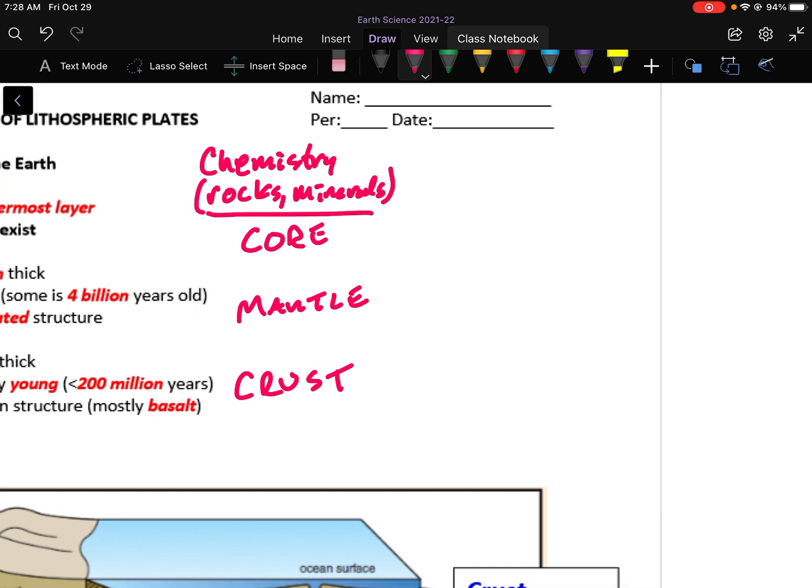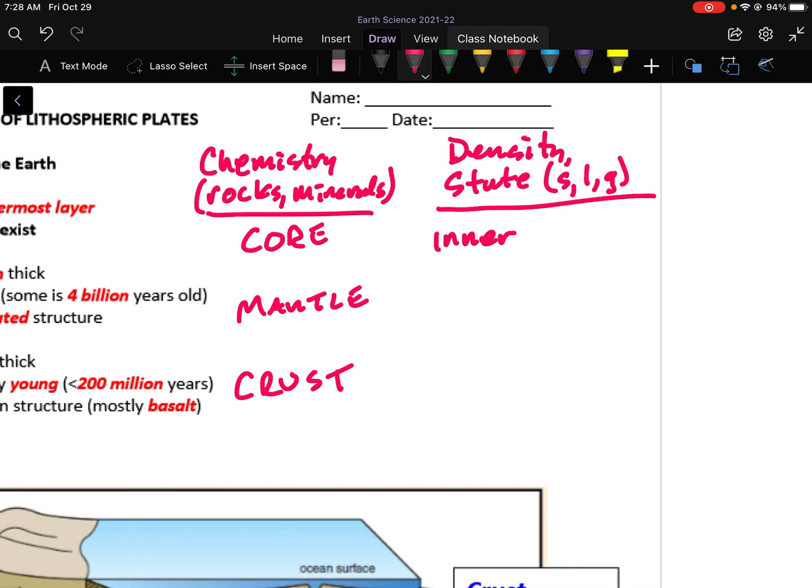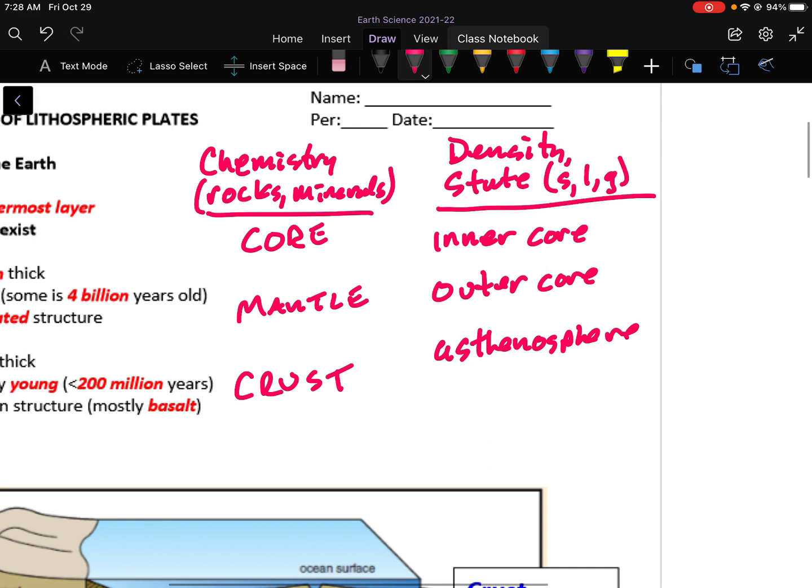But we can also divide the Earth's layers up based on density or state, and by state I mean solid, liquid, or gas. And if we do that, we end up with a different set of categories. So we have the inner core, the outer core, what we call the asthenosphere, and the lithosphere.